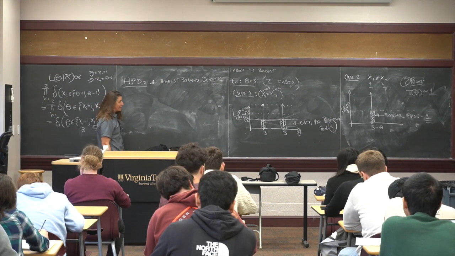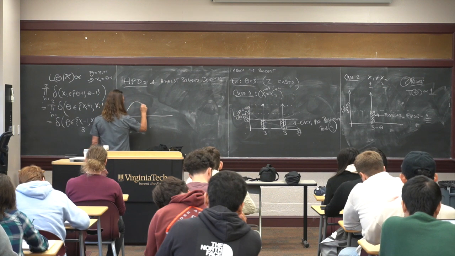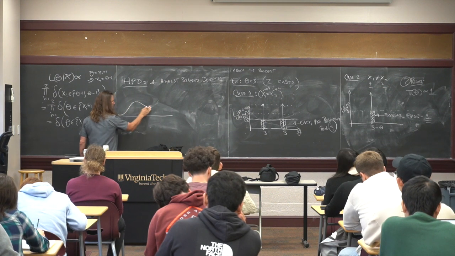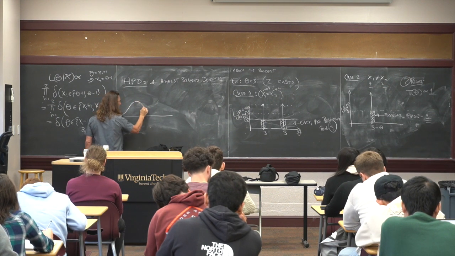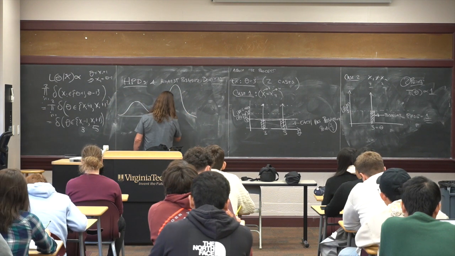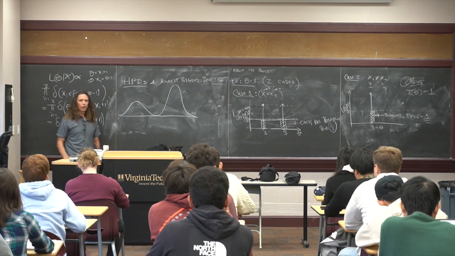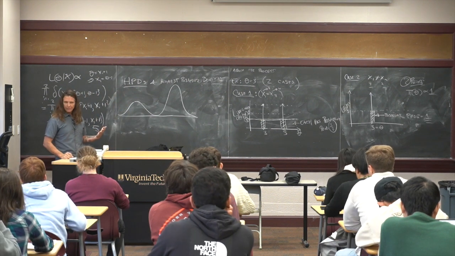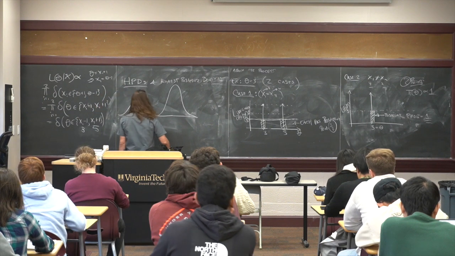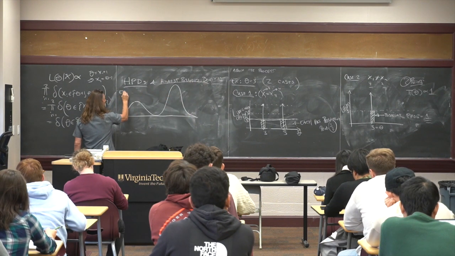So let me just draw you an illustration. Oh, let me make this more dramatic. Okay, let me draw not an HPD real quickly. So we will cover this. This is going to be an equal tail.